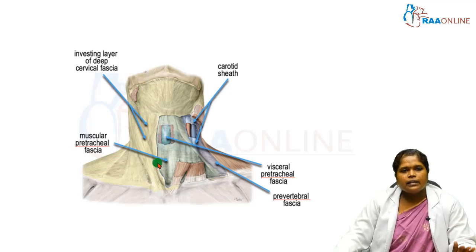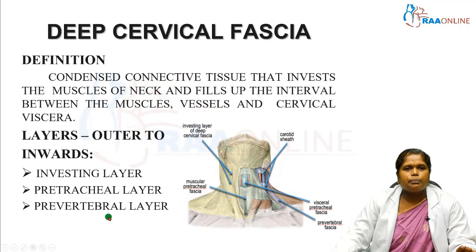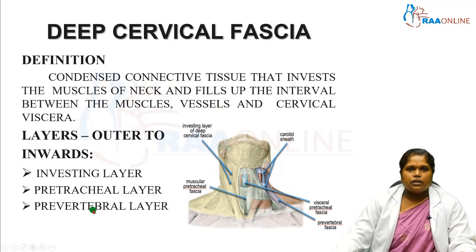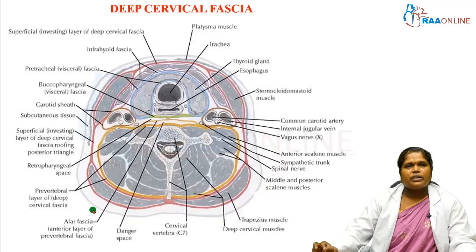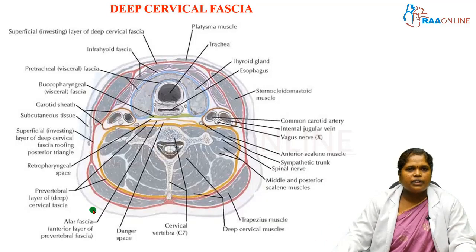And the third layer, the innermost layer, is known as the prevertebral layer. So the deep cervical fascia is divided into 3 layers: the outer investing layer, the middle pretracheal layer and the innermost prevertebral layer. First, we will see about the deep cervical fascia.